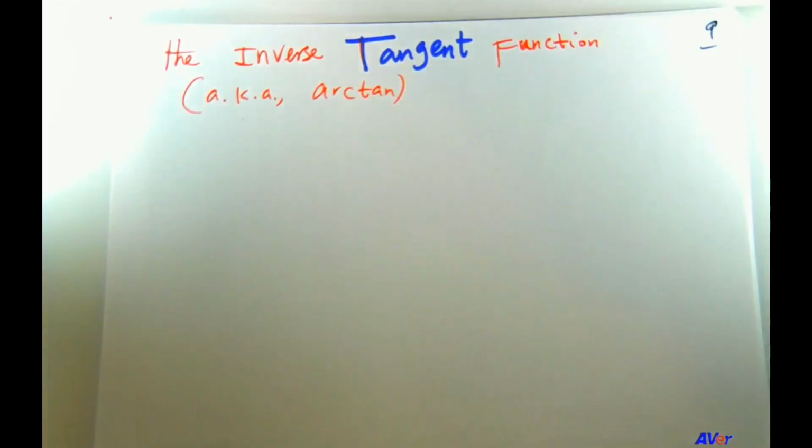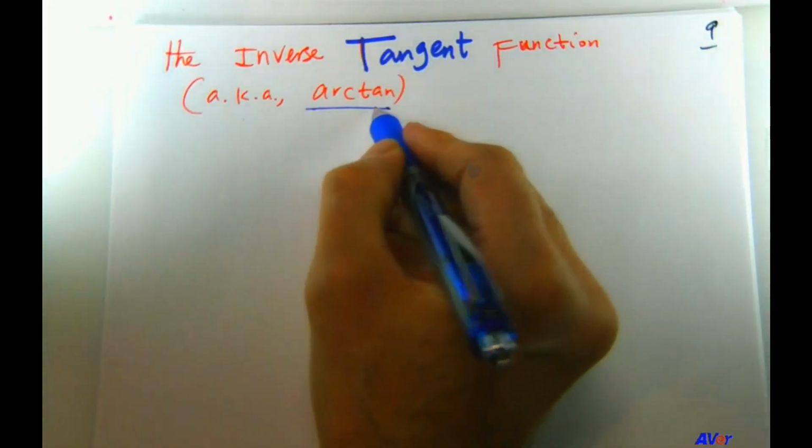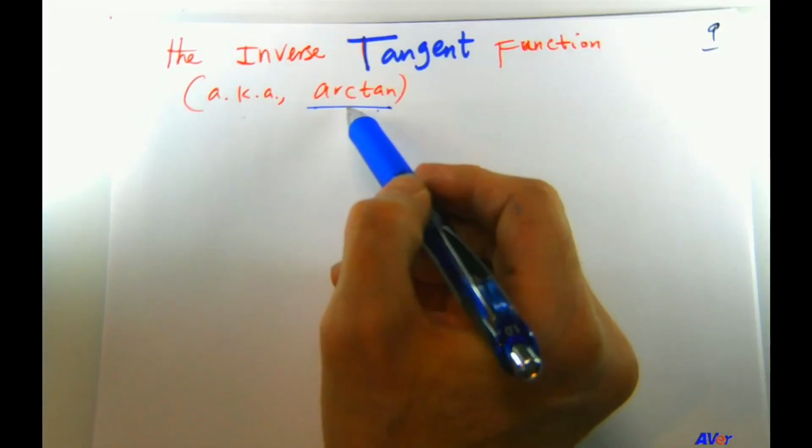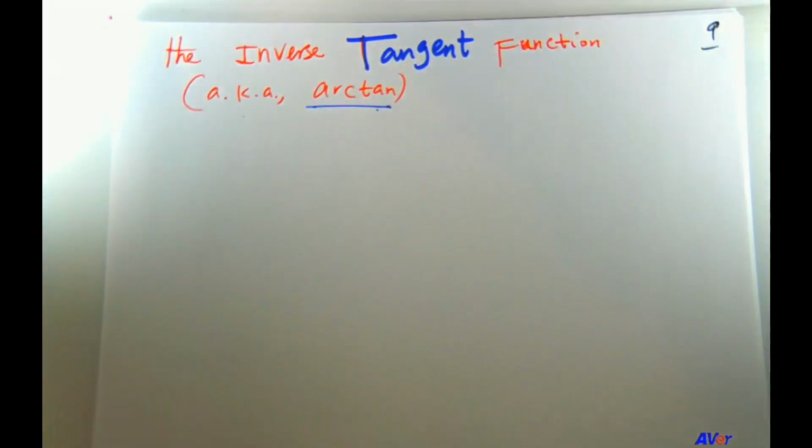If you see this symbol, arctan, that's another way of saying inverse tangent. So you can either see this, or tan inverse, tan with a -1 on top, and in parentheses x. So these are different ways of notating inverse functions.